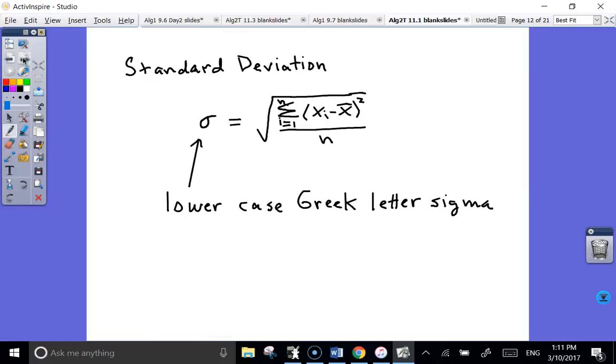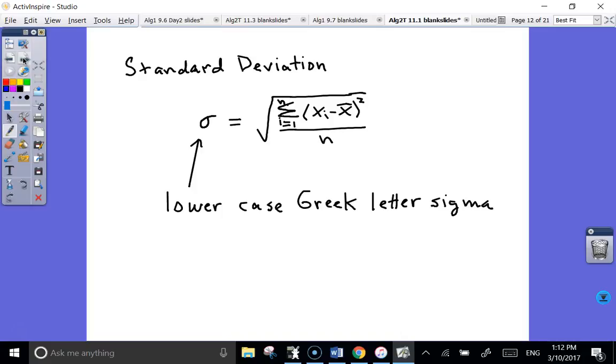And the symbol we use to represent it is a lowercase Greek letter sigma. So in the formula, we're using the capital letter sigma for summation, and then we're defining it with the lowercase letter sigma. That's standard deviation. Again, we're playing fast and loose here, because sigma is usually what you use when you're talking about the population standard deviation, and x bar is the mean of the sample.